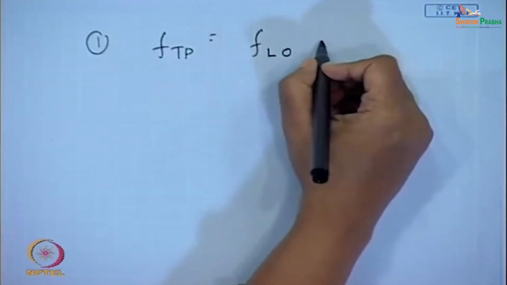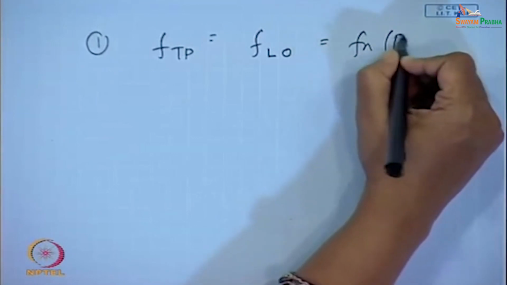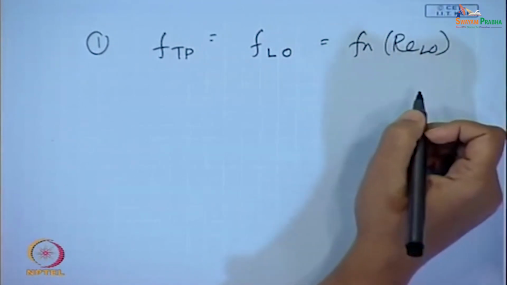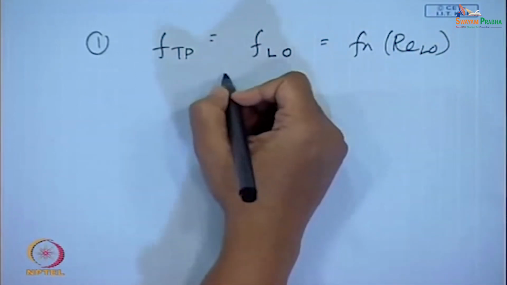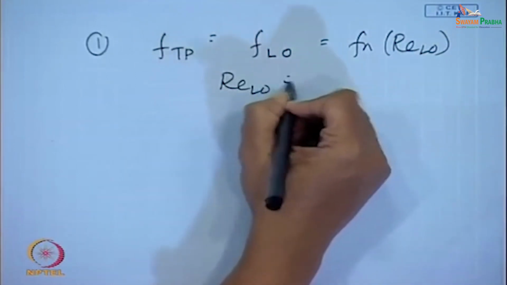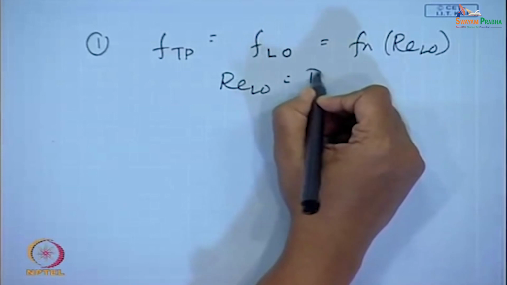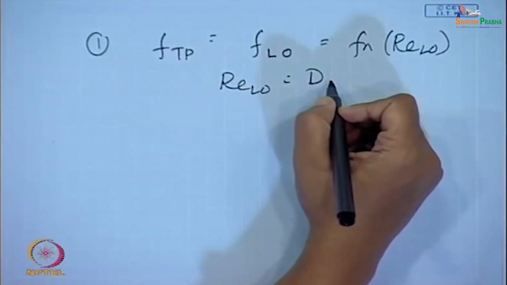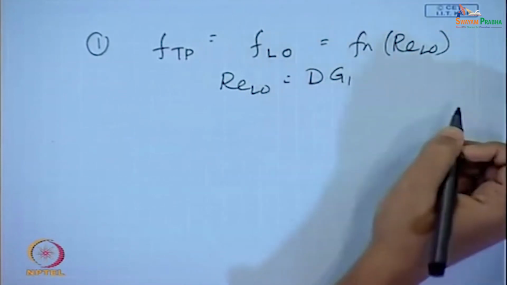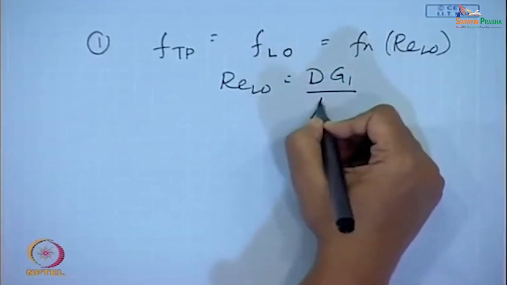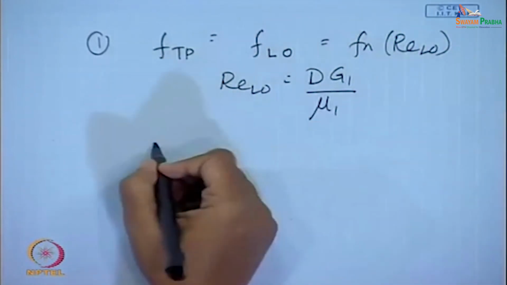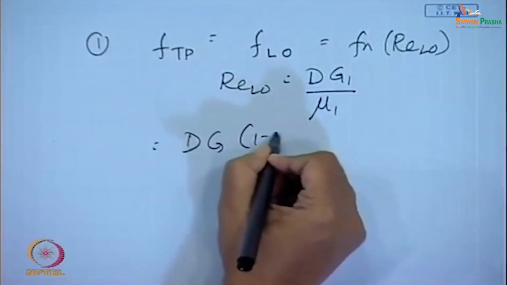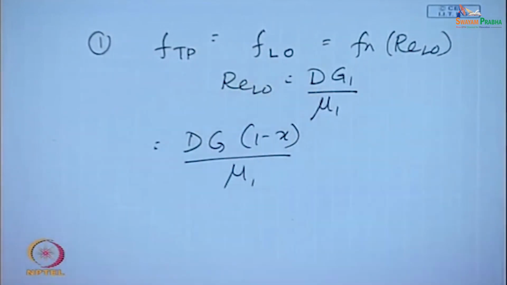So, this FLO, what is it? It is a function of RELO, agreed. What is this RELO, can you tell me? This is nothing but dG, the mass flux, okay, G_l is the mass flux of the liquid phase only, by mu_l, or in other words this is dG(1 minus x) by mu_l, agreed.